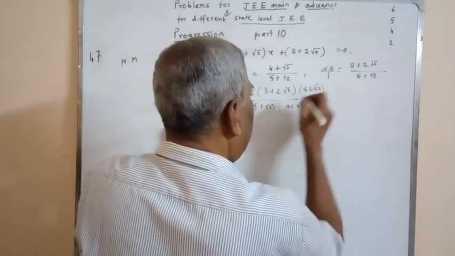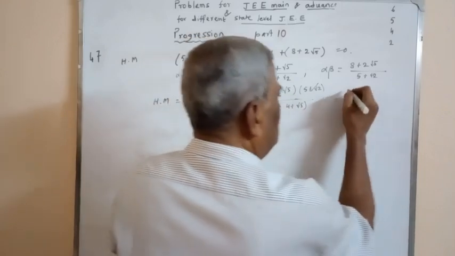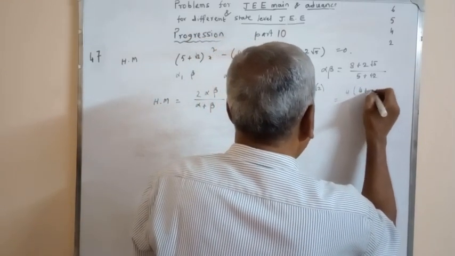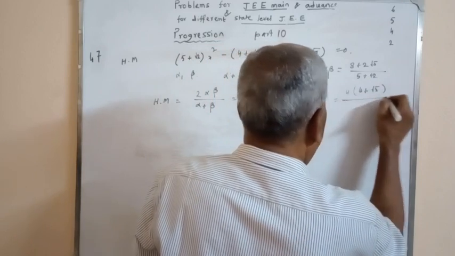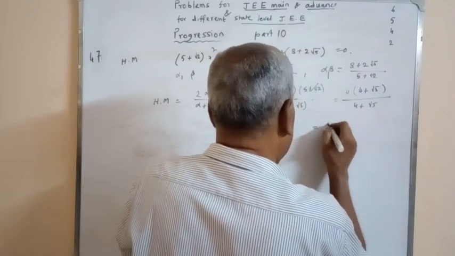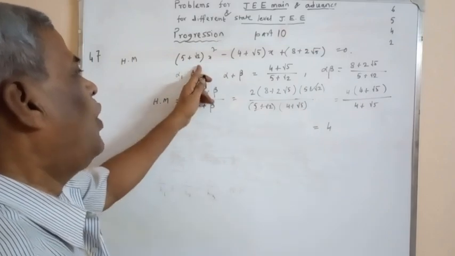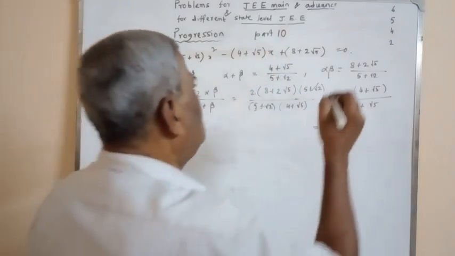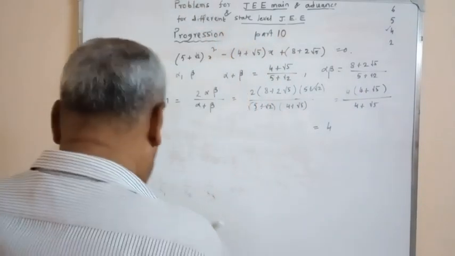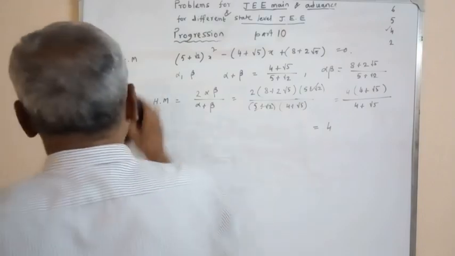So they cancel, and taking 2 common, 4 into 4 plus root 5 by 4 plus root 5, so it is equal to 4. So 4 is the harmonic mean of roots of this equation. So our option C is correct. Our next problem.